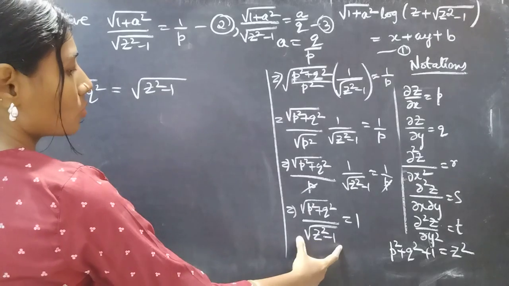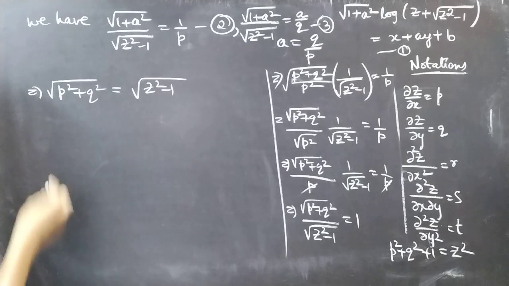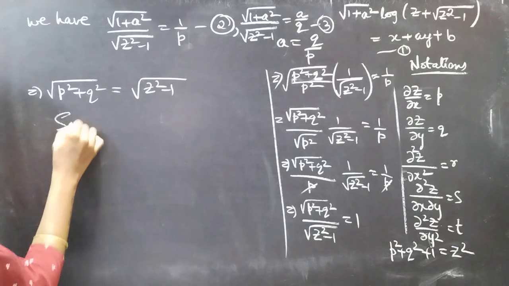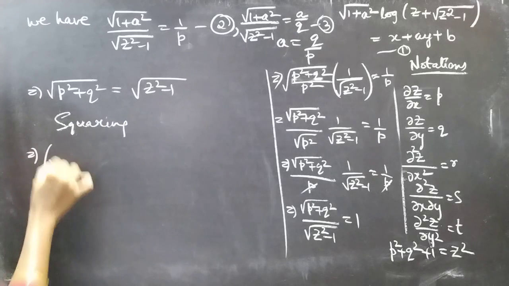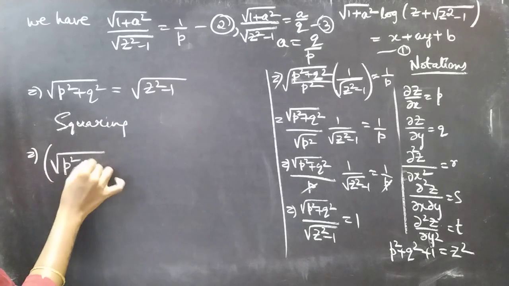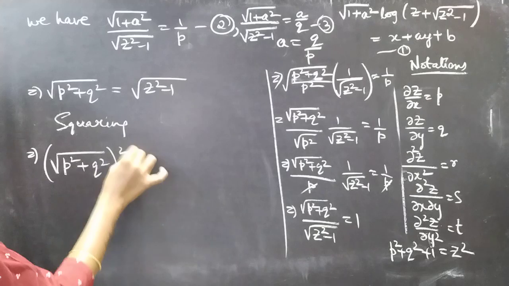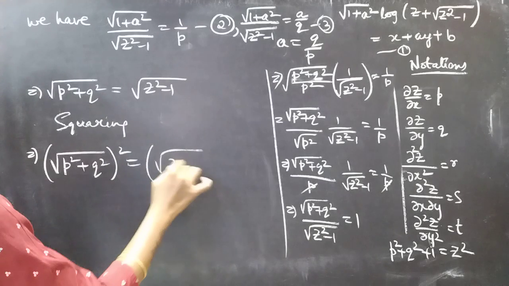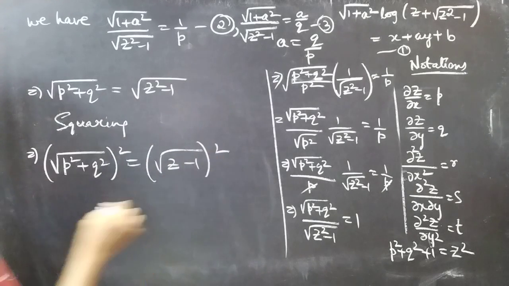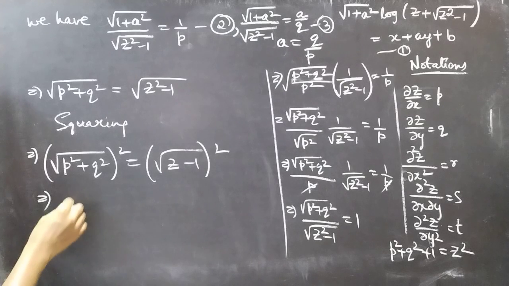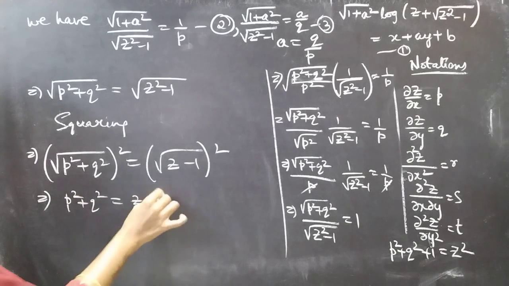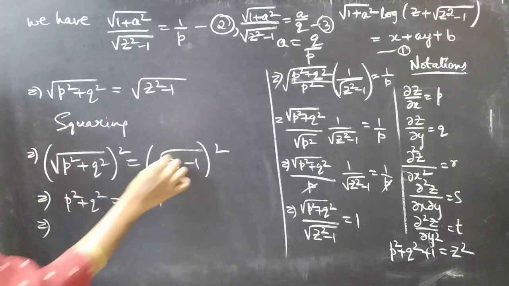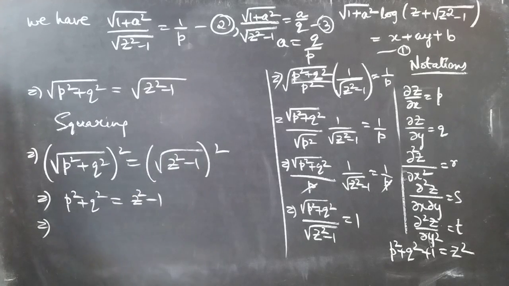Okay, fine. Now by squaring on both sides, you'll get p square plus q square equal to z square minus 1.